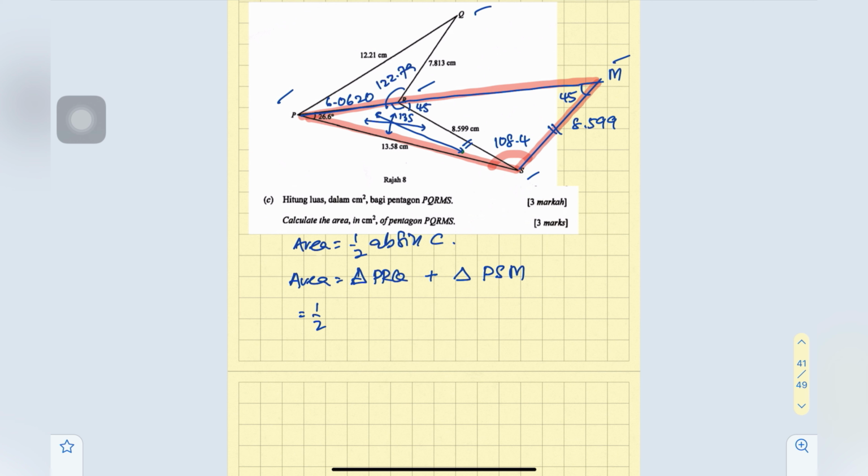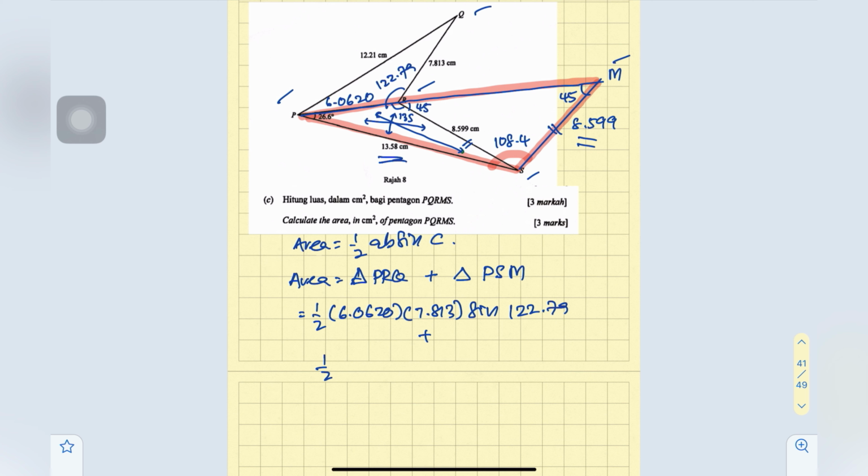So this one A dia 6.0620 times 7.813 sin 122.79 tambah area yang ni pun macam-macam cara kamu boleh guna. Yang ni saya suka guna length ni dengan length ni.